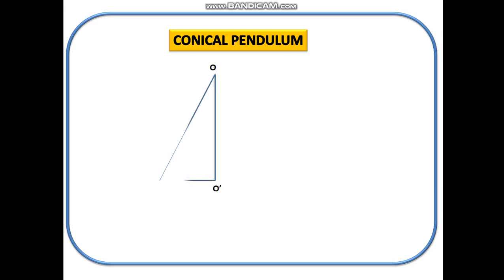So, we take L as the length of the conical pendulum, m as the mass. This is a circular motion round it, and that angle is theta. Then m into g, where g is the acceleration due to gravity, is a force which is directed downwards. So we have a force which is directed upwards.